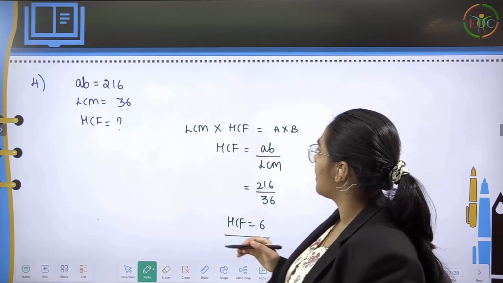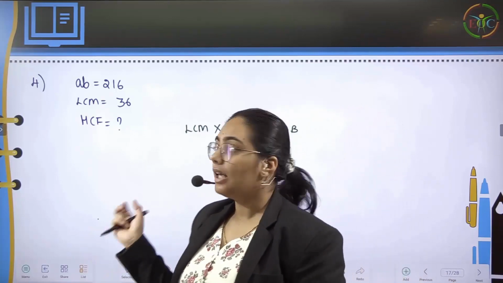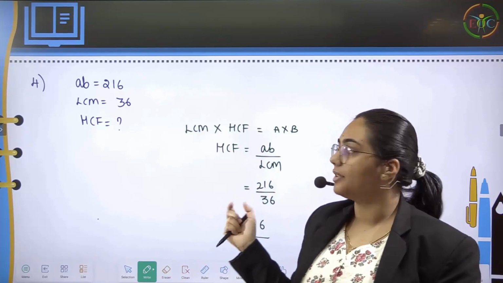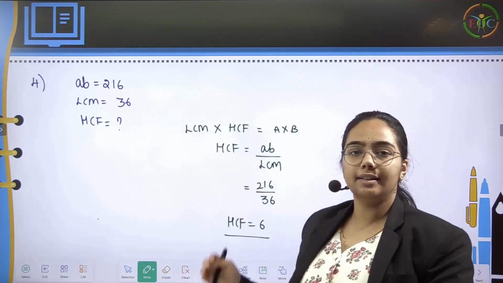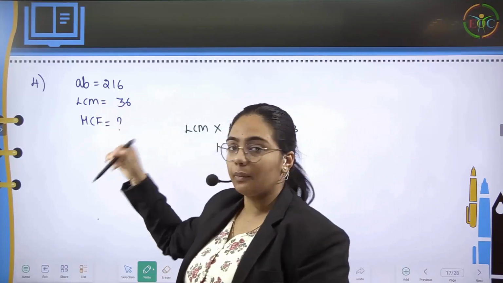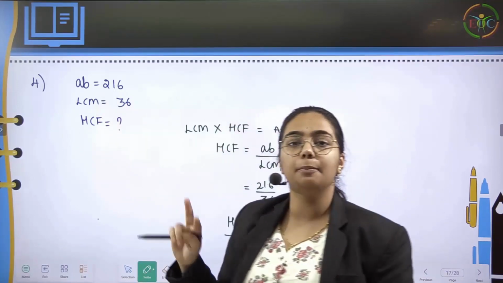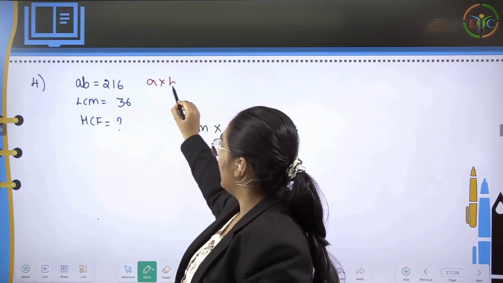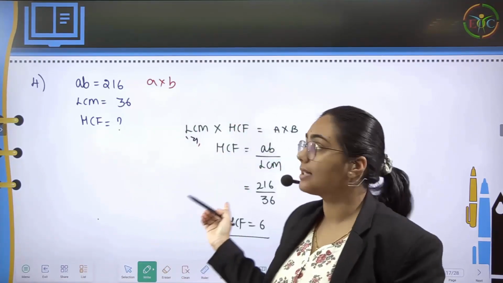The next question was something where you have to find out the relation. See, the product of two numbers is going to be equal to LCM into HCF, right? Now in the question they have already given you the product of two numbers, that is A into B, the value is 216.